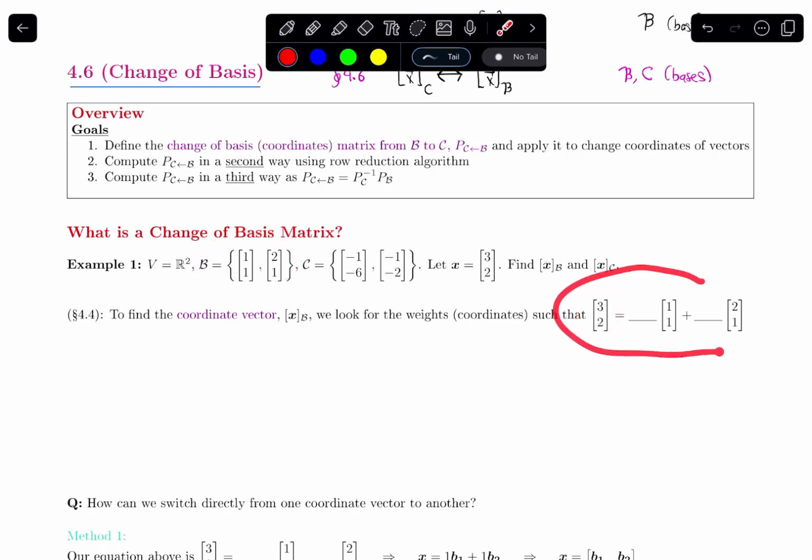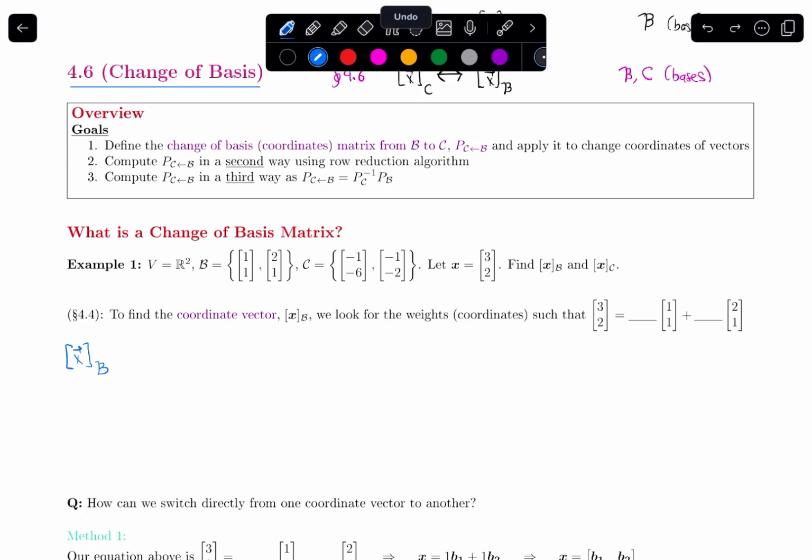I've been solving equations like this going back to chapter 1. We set up an augmented matrix to do this. I take the vectors 1, 1, 2, 1, put them on the left, and I augment it with the vector 3, 2, and then I'll row reduce it.